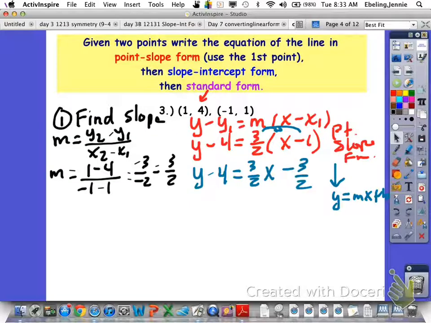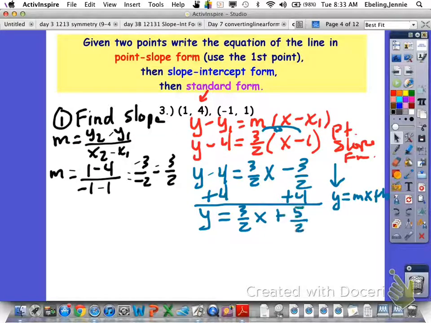Okay, so we have some fractions. Now this y, to get it by itself, we're going to need to add 4 to both sides. It's going to give me y is equal to 3/2 x, and now we got to do negative 3/2 plus 4, which is 5/2.